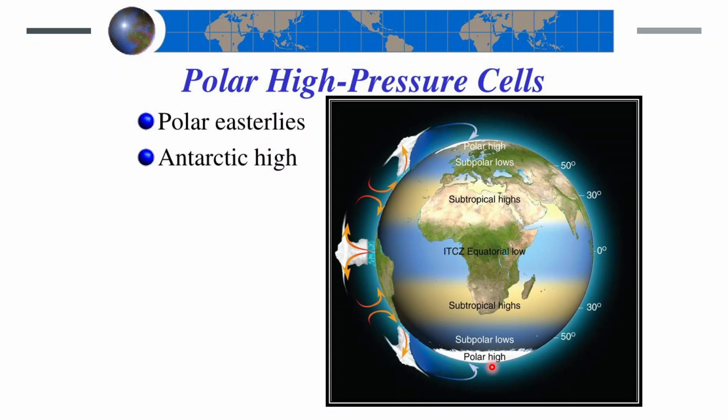Due to extreme cold temperature throughout the year, the region develops a belt of dense, heavy, sinking air causing high pressure. Due to the rotation of the earth, a strong centripetal force is caused, which contributes to the high pressure over here.